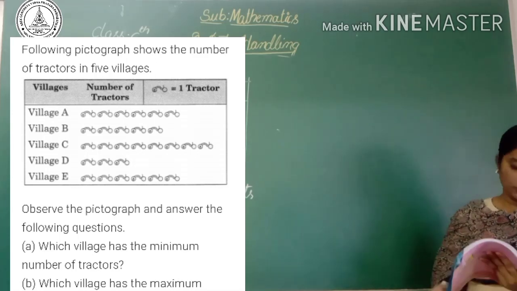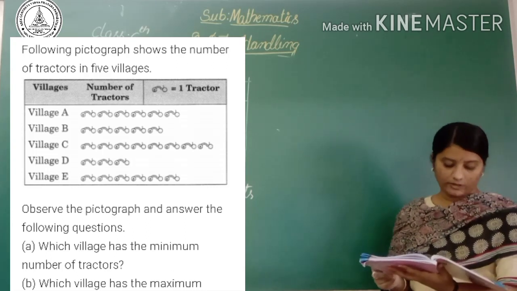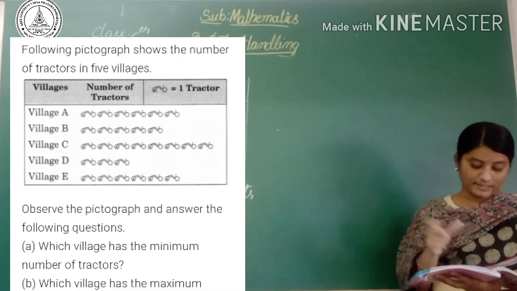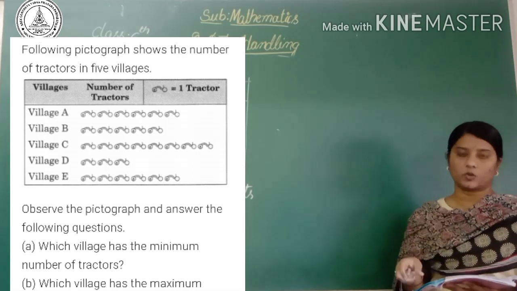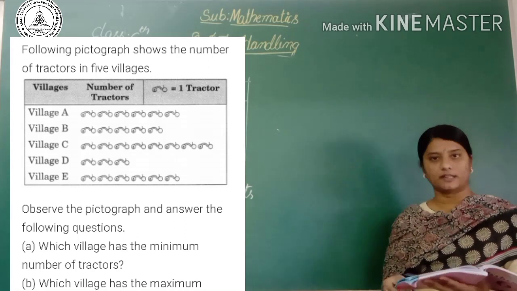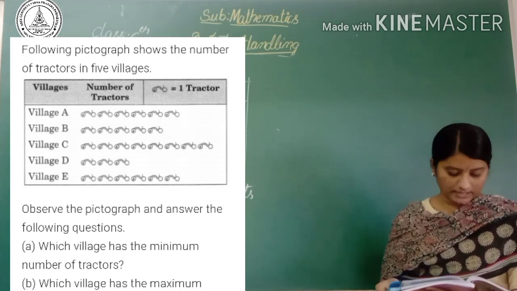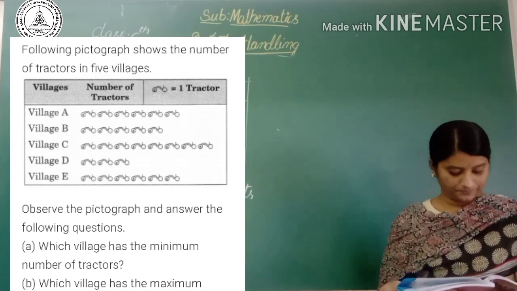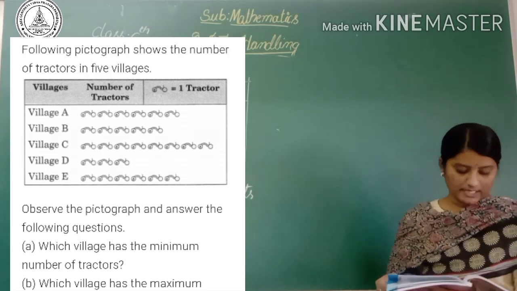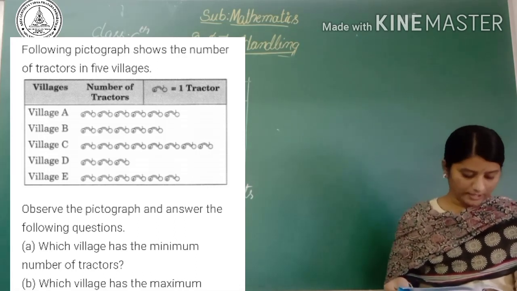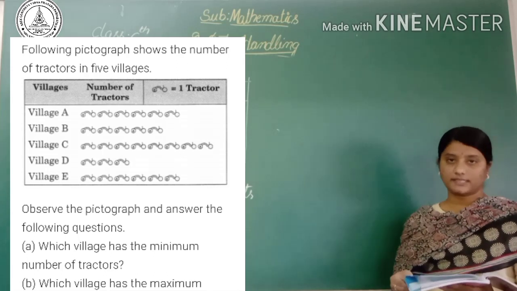Yes, you may see here in the village A there are 6 pictures, it means 6 tractors. Okay, and in the village B there are 5 pictures, it means 5 tractors. In the village C there are 8 pictures, it means 8 tractors. In the village D there are 3 tractors. And in the village E there are 6 tractors.